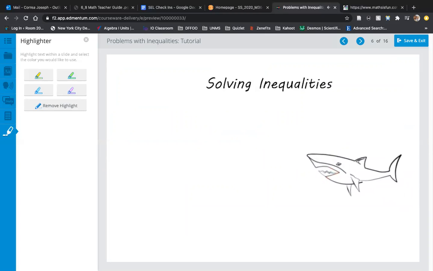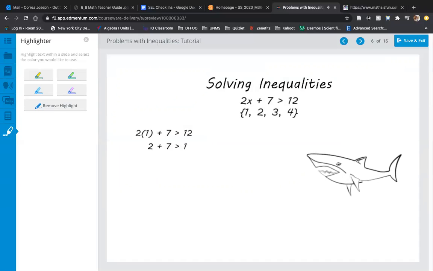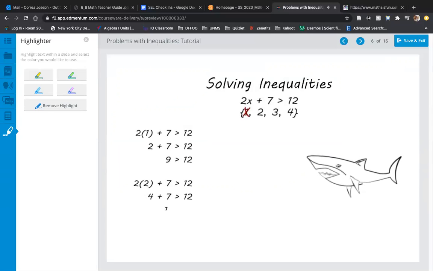Look at the inequality: 2x plus 7 is greater than 12. Which of these numbers makes the inequality true? 1, 2, 3, 4. First, try plugging in 1 for x, and then simplify the left side of the inequality. 9 isn't greater than 12. 1 does not make the inequality true. Now, try plugging in 2 for x, and simplify the left side of the inequality.